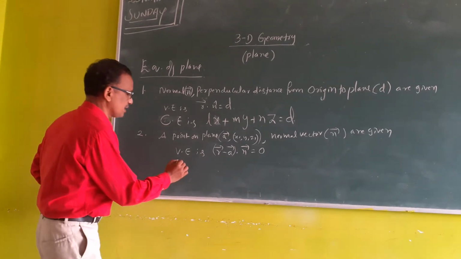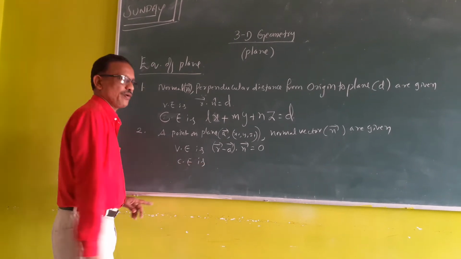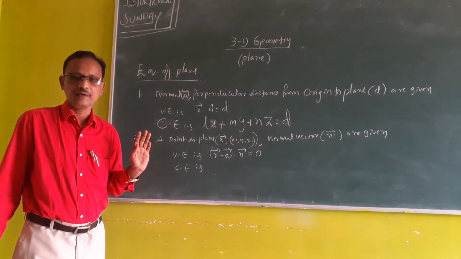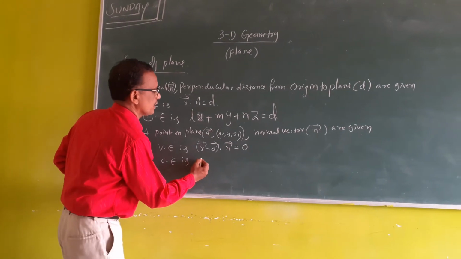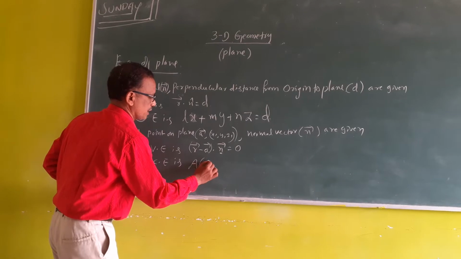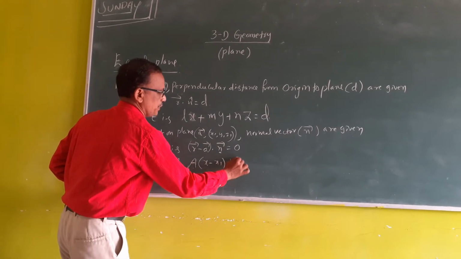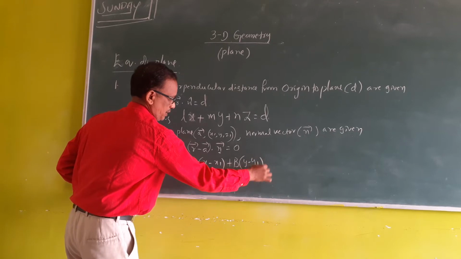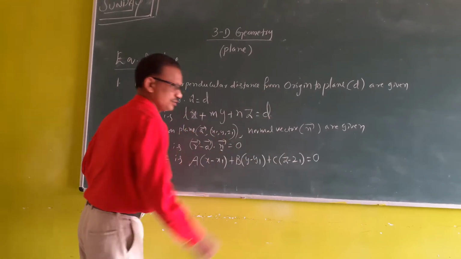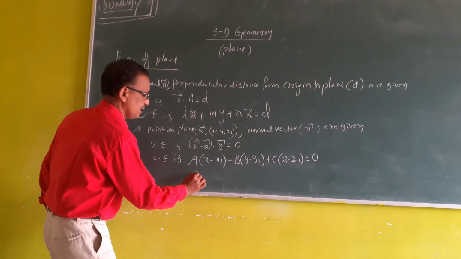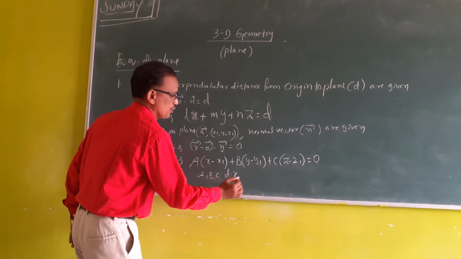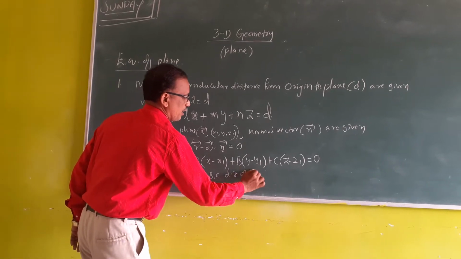Next, the Cartesian equation, that is Cartesian form of the same plane under the same conditions. We are taking a, b, c: a into x minus x1 plus b into y minus y1 plus c into z minus z1 equal to 0. What are a, b, c? a, b, c are direction ratios of n bar.